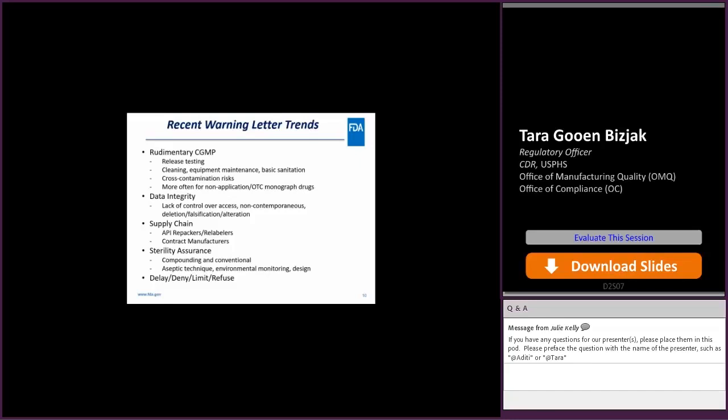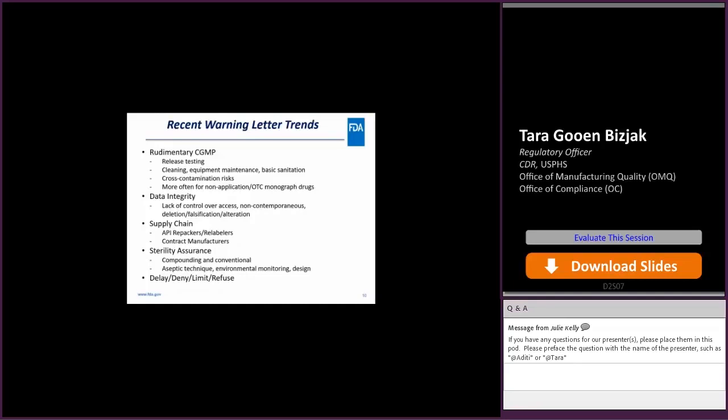There could be multiple instances, but say, for example, there's shared login information for a particular piece of equipment in the laboratory, and everyone can use the same login information. So it's not clear who performed the work. Also documentation that's non-contemporaneous, as well as deletion, falsification, and alteration. We're seeing that, and I'll drill down into that a little bit on the next slide.